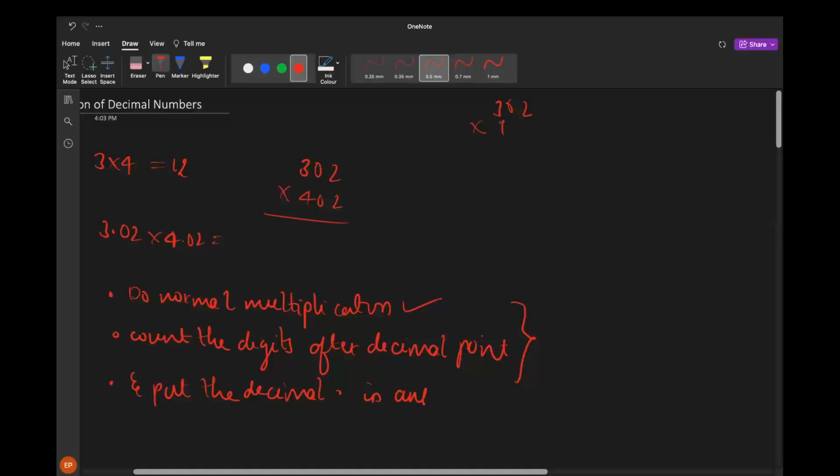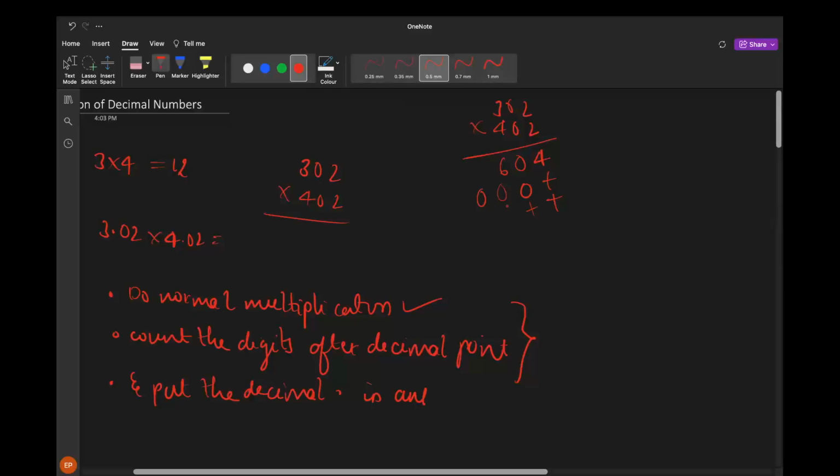302 into 402. Let me do a normal multiplication. 2 into 2, 4. 2 into 0, 0. 2 into 3, 6. Plus 0 into 2, 0. 0, 0, 0. 0 into 3, 0. We are done with 2 digits, right? So I am putting 2 plus signs. If we are done with 3, we might have put 3 plus signs.